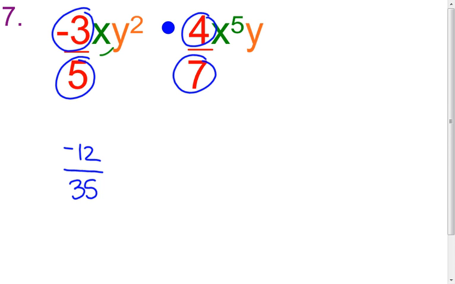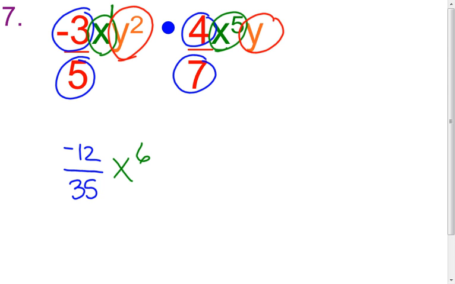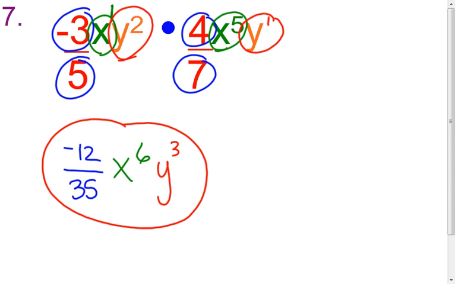Then I have x to the, again, there's a 1 right here, x to the 1 plus 5, which makes x to the 6th. And then I have y squared and y to the 1 power. So I have y to the 2 plus 1, which is y to the 3rd. And there you go.